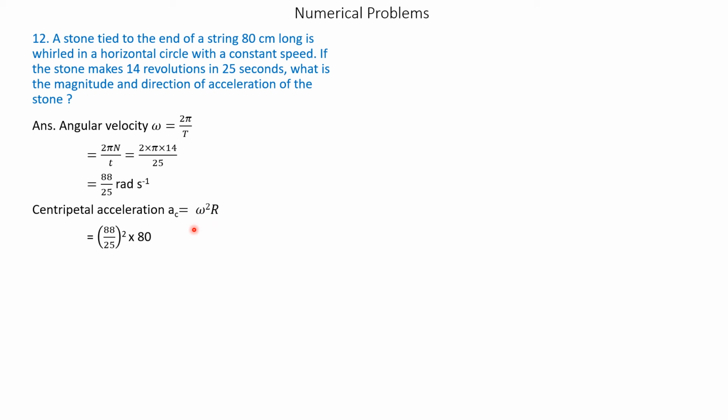Therefore, putting the value of omega as 88 by 25, we get omega square is 88 by 25 whole square into r. R is 80 centimeters, it is given in the question. Therefore, simplifying, we get the answer as 99.123 centimeters per second square.